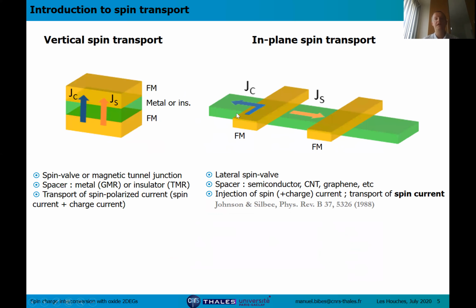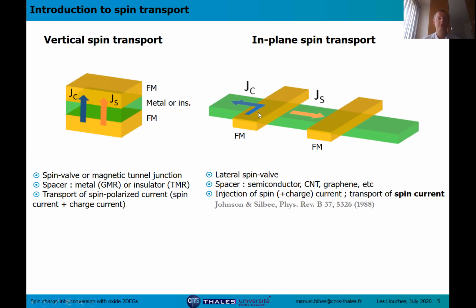You can also work in the in-plane geometry, and this has a number of advantages. Things can be a little bit different. So here you have one channel, which can typically be a nanotube, a 2D electron gas, or a graphene layer, or something like that.